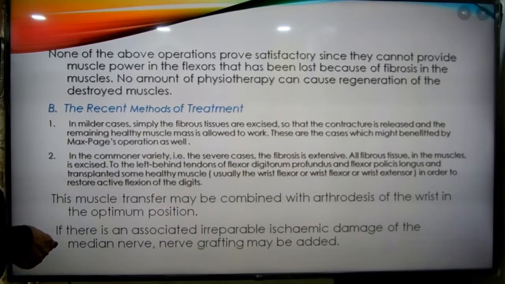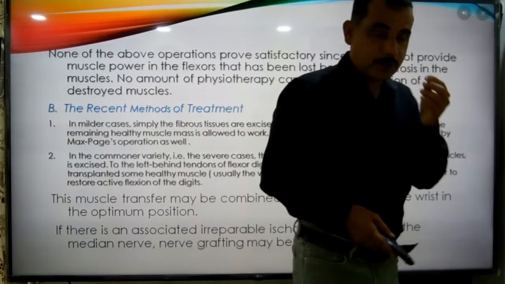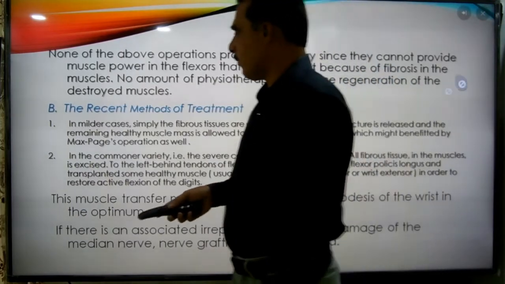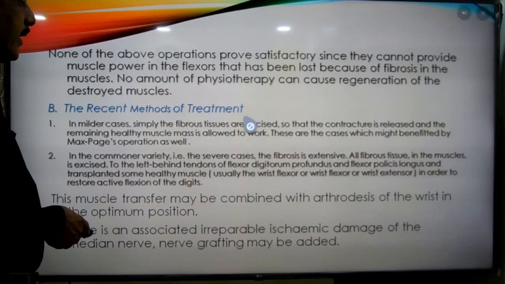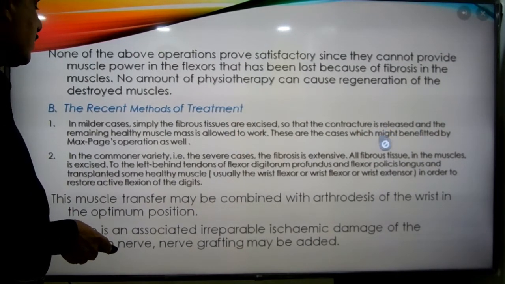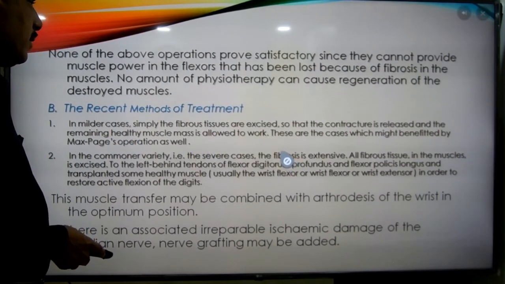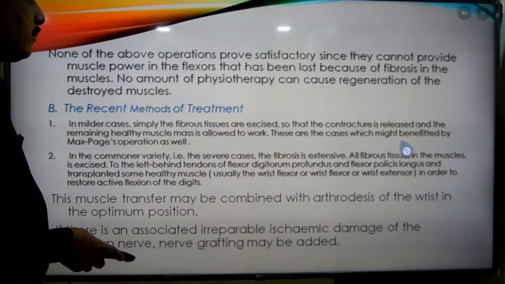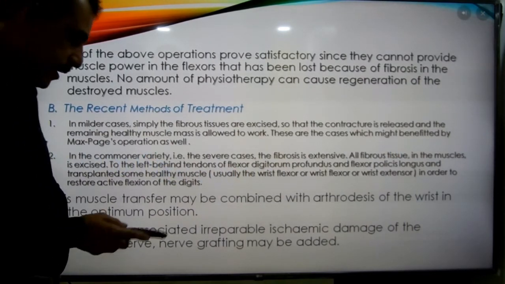Then the next methods are the recent methods. New methods, modern methods or recent methods are there. First, in milder cases, simply fibrous tissue is excised so that the contracture is released and the remaining healthy muscle mass is allowed to work. And these are the cases which might be benefited by Max Page's operation as well.